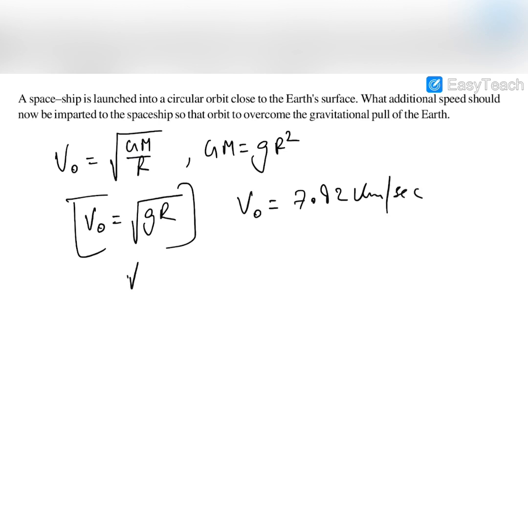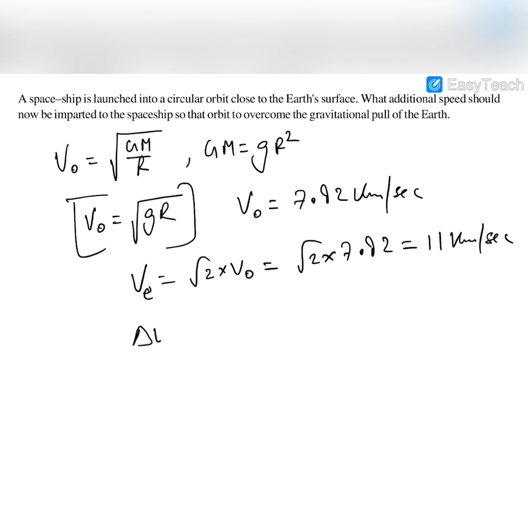And now we know that the escape velocity from the orbit is root 2 times the orbital velocity. Therefore, the escape velocity will be root 2 into 7.92, which is equal to 11.2 kilometer per second. And therefore, we need to find out the additional velocity which we should impart to this satellite to make it escape.